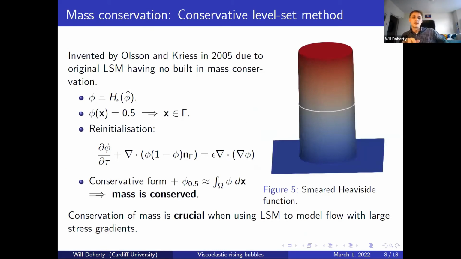I'm going to talk a little bit about mass conservation as well. In certain multiphase simulations, specifically ones where there's potentially a high Reynolds number, or you have large stress gradients, which are quite important for my research, you need to guarantee conservation of mass, because if you don't, your bubble will shed mass quite rapidly, just due to the nature of the previous level set method that I was talking about.